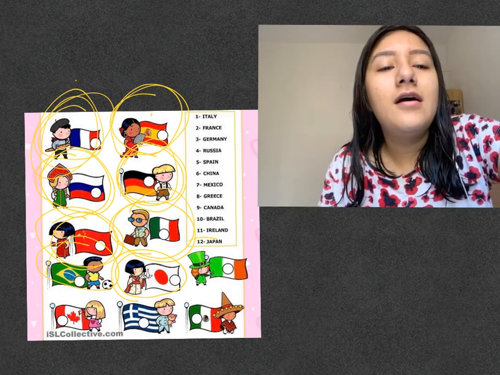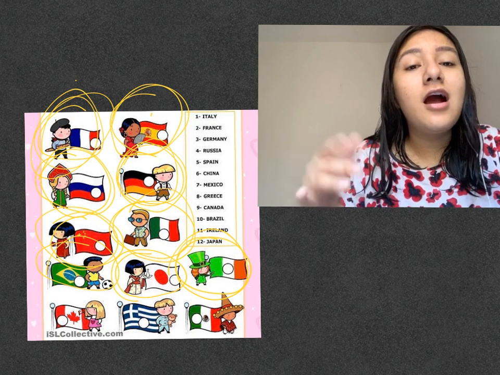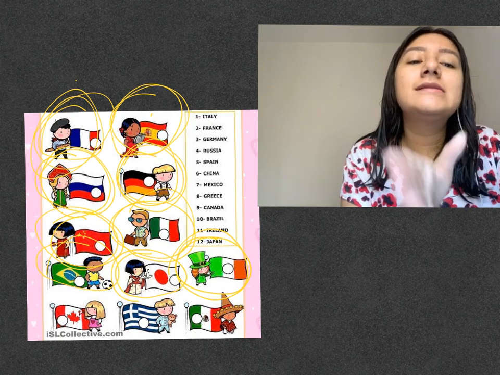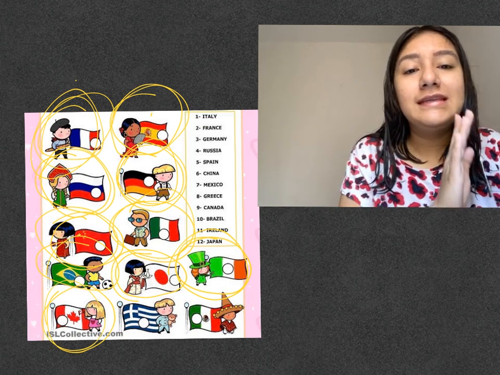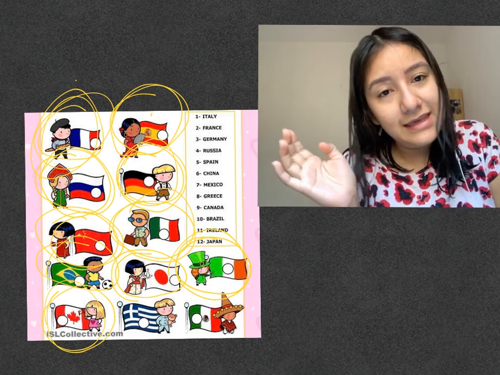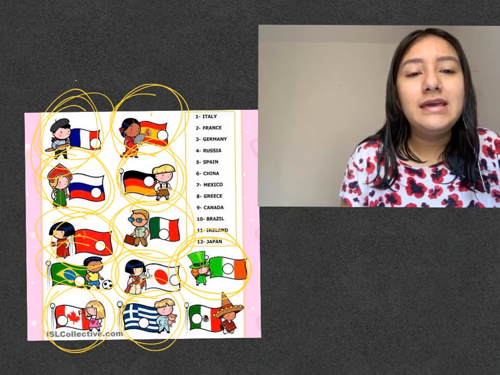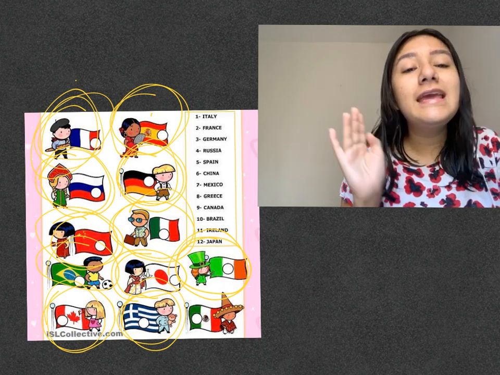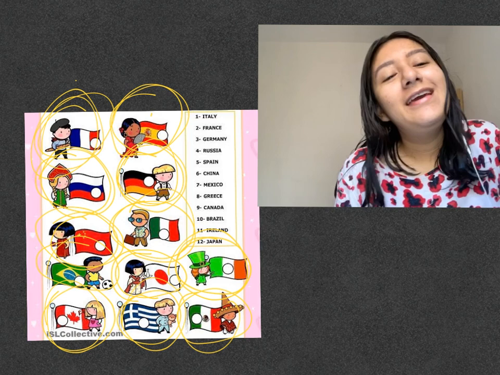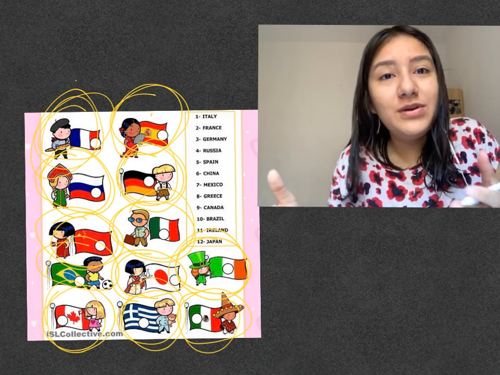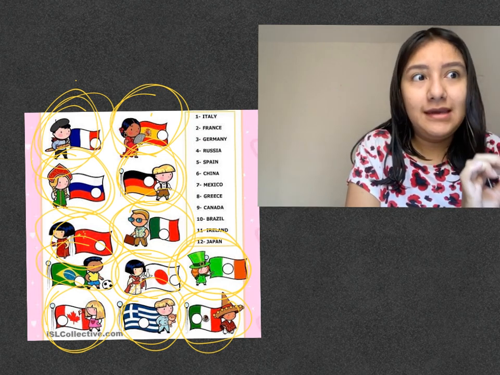Then we have a really cute one, and that is the country Ireland and the nationality Irish. Then we have the country Canada and the nationality Canadian. Then the next one, the country is Greece and the nationality is Greek. And then yay, Mexico. Our country is Mexico and our nationality is Mexican.